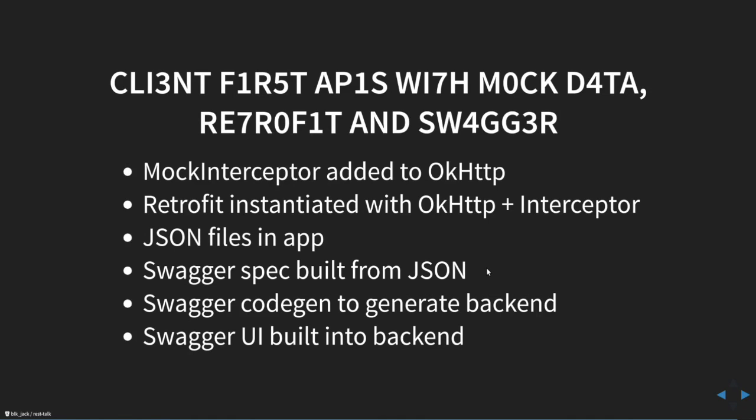We have our JSON files hard-coded in the app. And then we have our Swagger spec built from JSON, and outlined the Swagger code gen to generate server stubs or clients. And finally, the Swagger UI built into your backend, coming full circle.